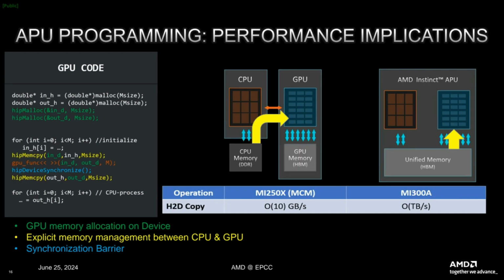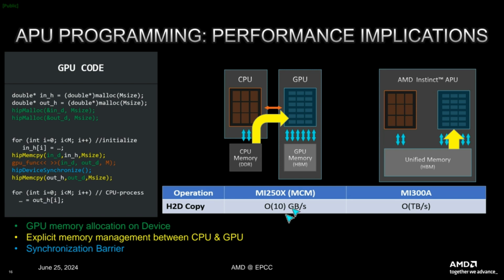So let's look at the performance implications here. We saw the GPU code on the left when we run on the 200 series. It's going to move that memory from the CPU to the GPU. That memory movement cost, the host-to-device copy, the host being the CPU, the device being the GPU, is on the order of 10 gigabytes per second.